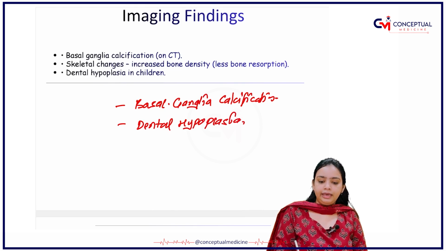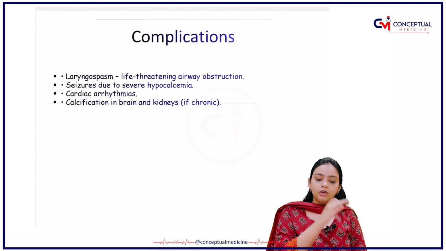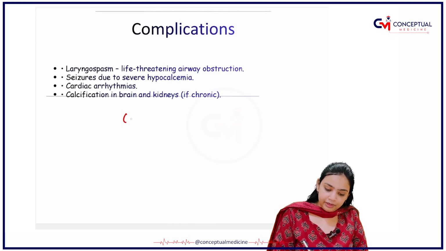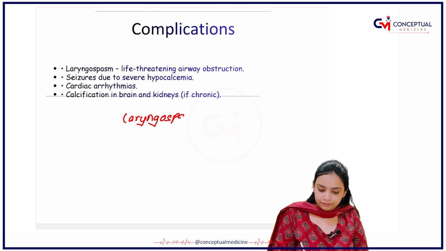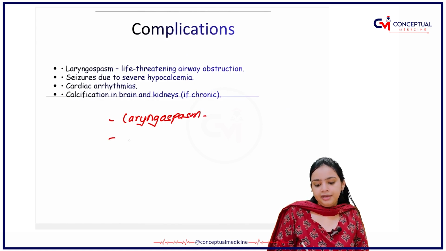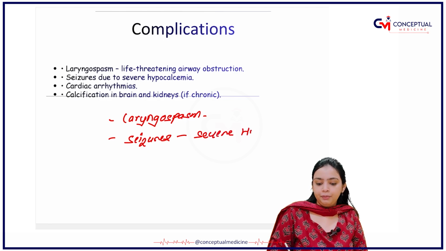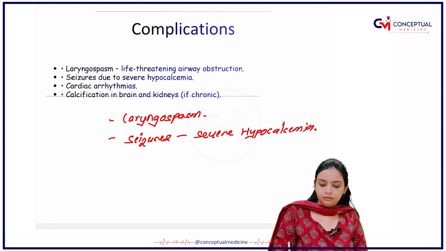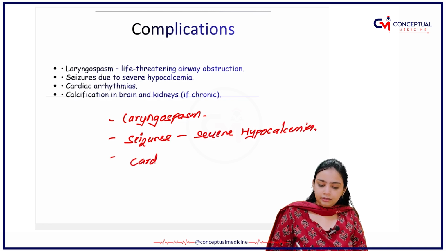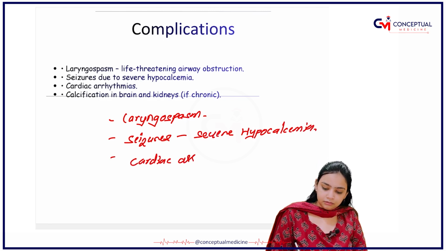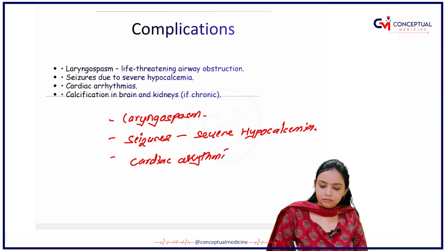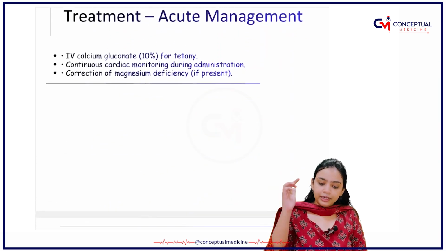What are the complications that can be there? There will be laryngospasm, and there can be seizures in patients who have severe hypocalcemia. Cardiac arrhythmia. Next, what is the treatment?